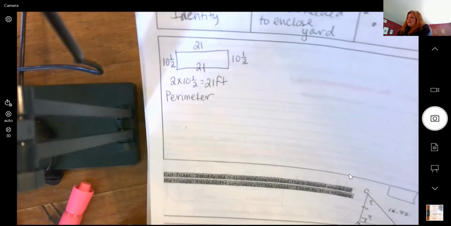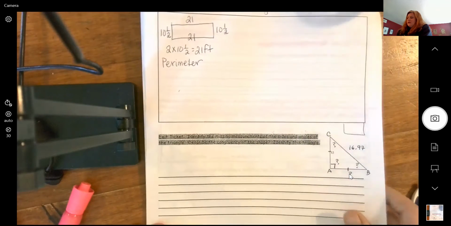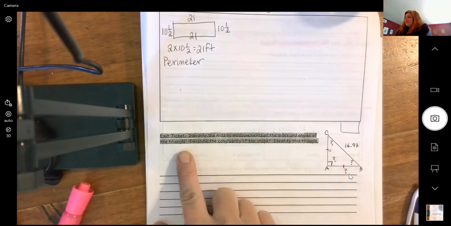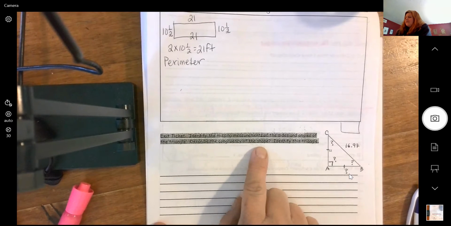Your exit ticket for the bottom is identify the missing measurements of the sides and the angles of the triangle. Describe the congruency of the shape. Identify this triangle.